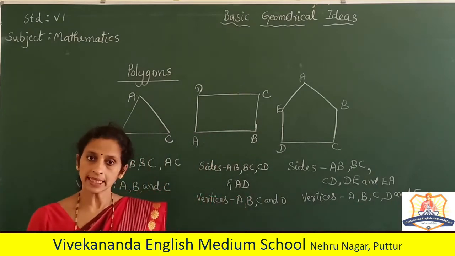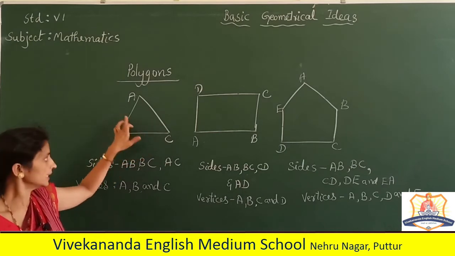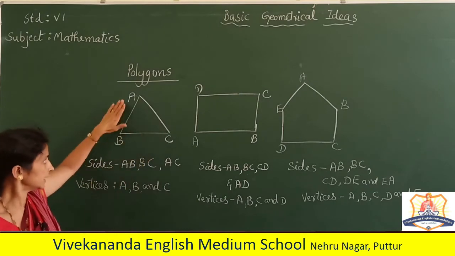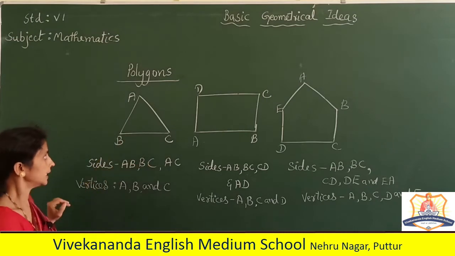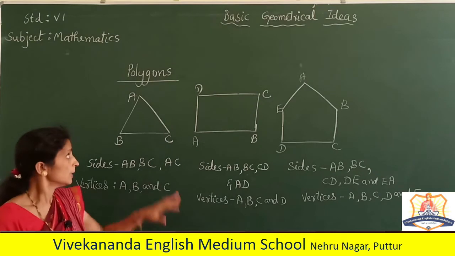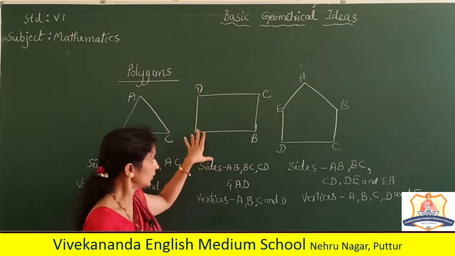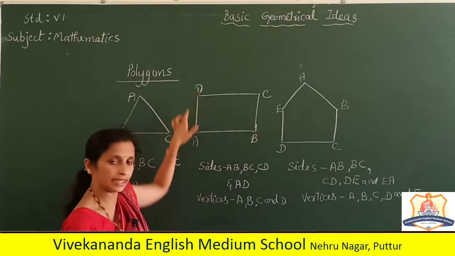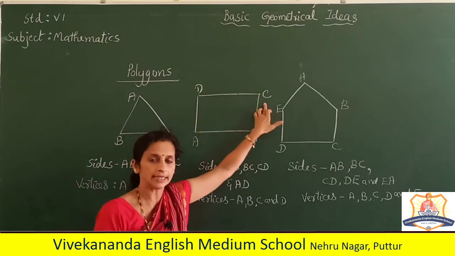Now, what about the sides which are nearby? The sides which are nearby are known as adjacent sides. So you can see AB and BC are adjacent sides. Then AB and AC are adjacent sides. But what about in a rectangle? You can see AB and BC are adjacent sides, AB and AD are adjacent sides, but AB and CD are not adjacent.